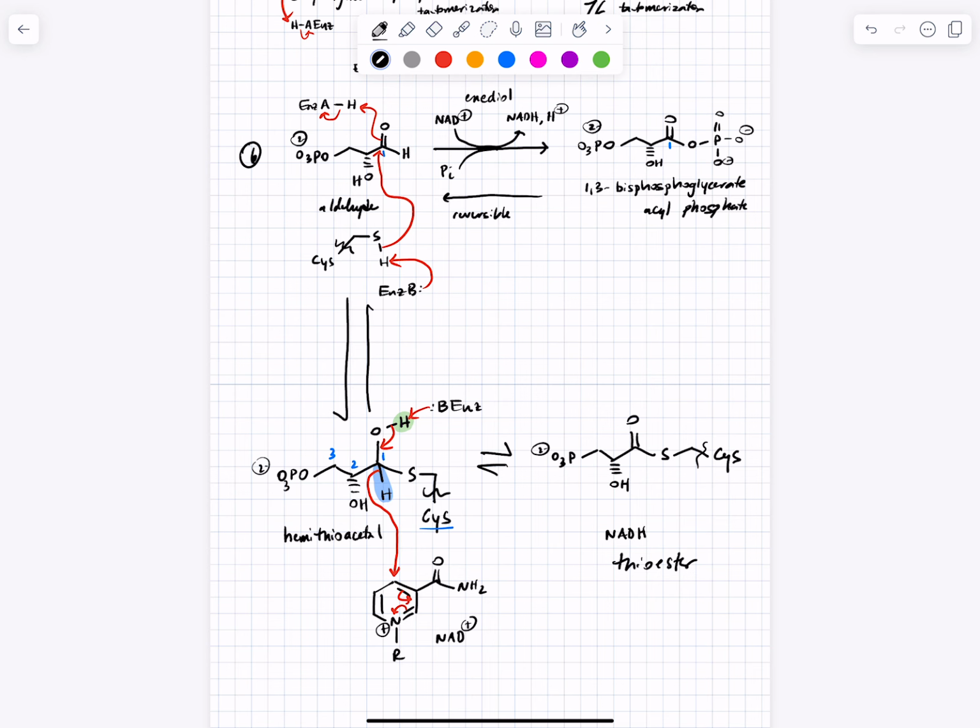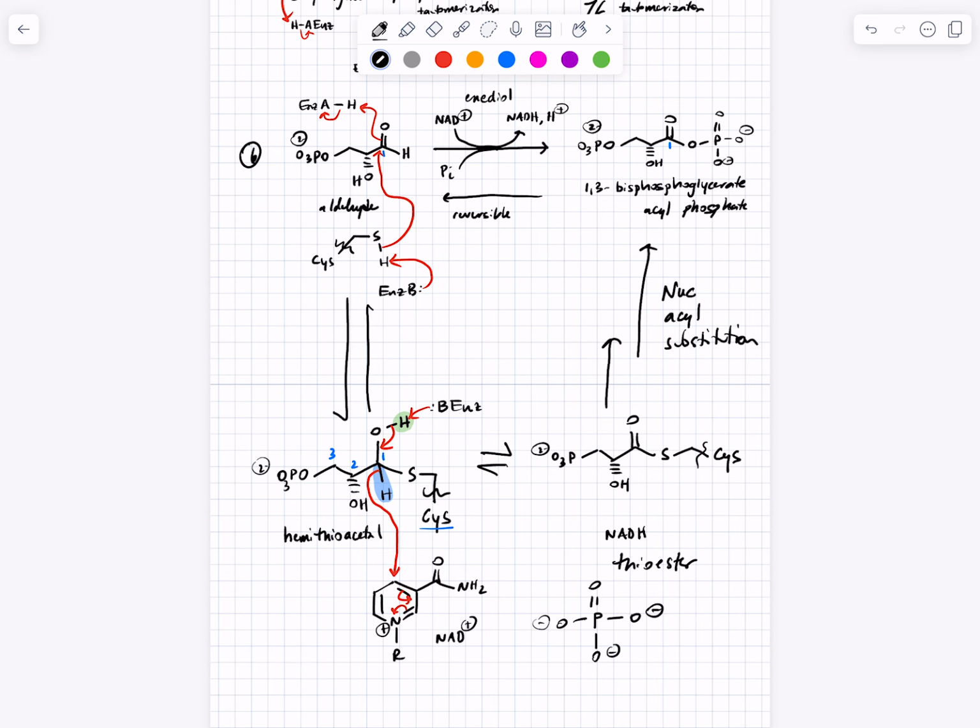At this point, going from the thioester to the bisphosphoglycerate is simply nucleophilic acyl substitution. I'm going to just write nucleophilic acyl substitution here, and I'm going to leave that to you to draw, though I will give you the first step.